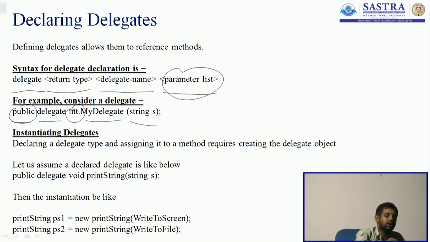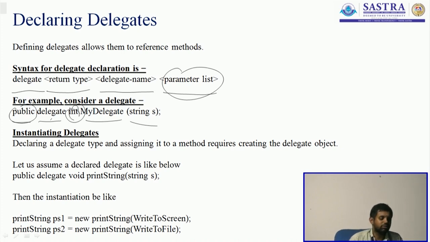And then the keyword delegate should be there, followed by the return type int, then the delegate name MyDelegate, and then the parameter list is going to be string, right? So like this we are supposed to pass. Okay, fine.